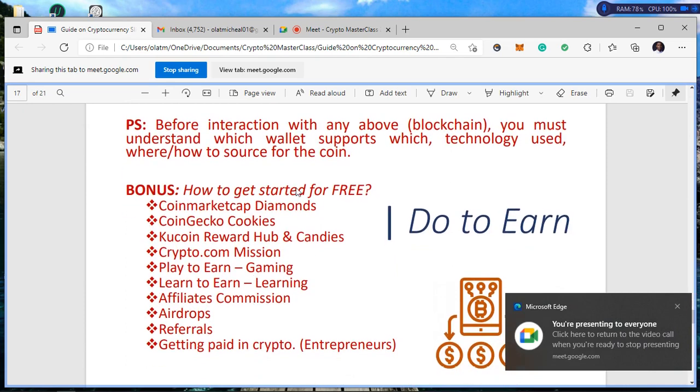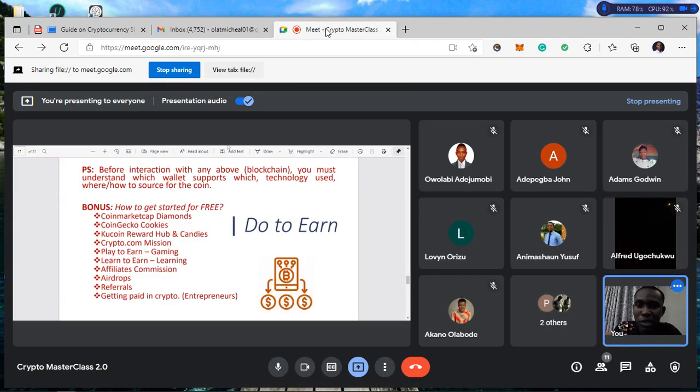Before interacting with any of the above blockchains, you must understand which wallet supports which blockchain, because not all the wallets out there support all of these blockchains. Some of them are new blockchains that are springing up.